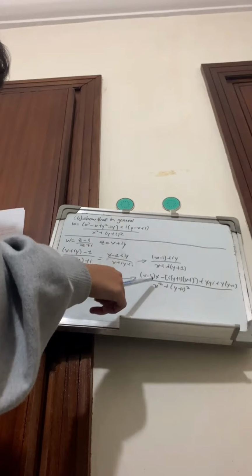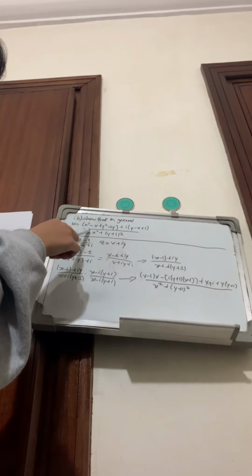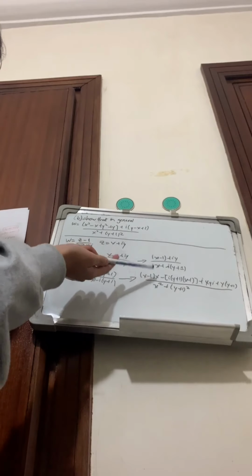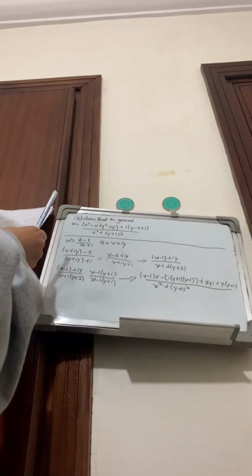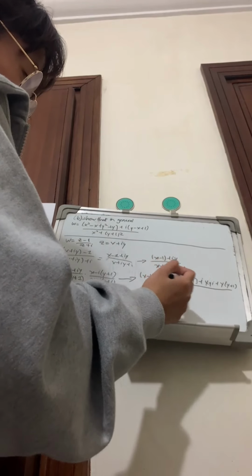Okay. Now we just gotta first simplify. It seems like our denominator is equivalent to the one we have here. Now we just gotta simplify our numerator. So just again FOIL everything.